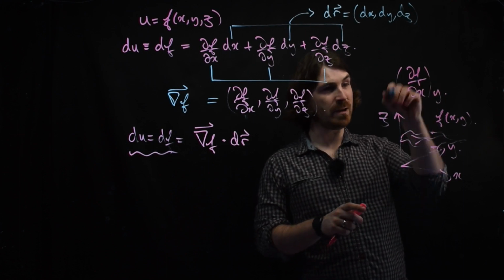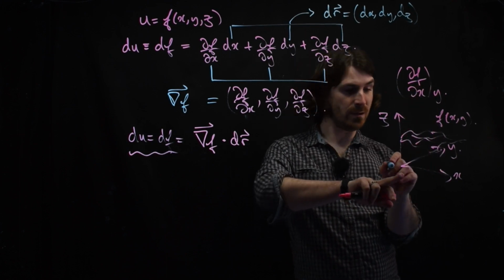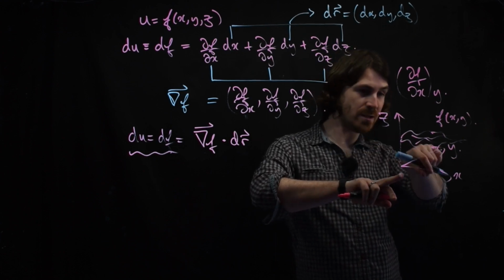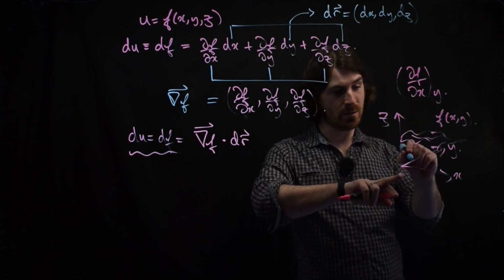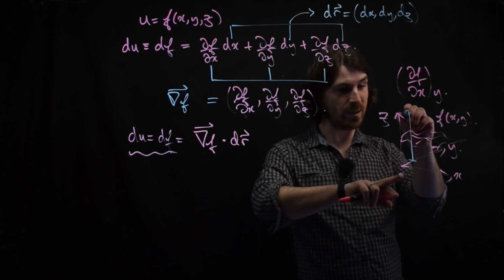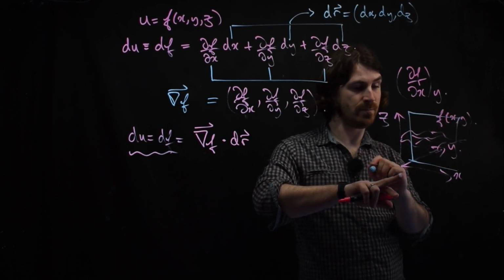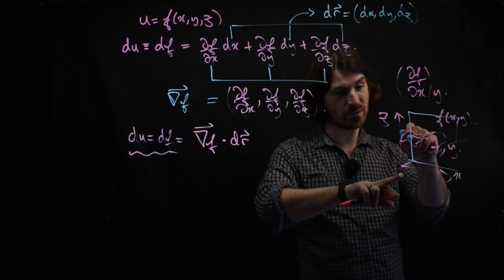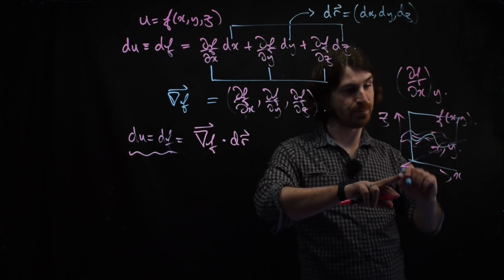We saw that df by dx was the change in the function as we change x for a fixed value of y. So we had a fixed value of y and a plane in xz, and where this plane intersects the surface gave a curve.